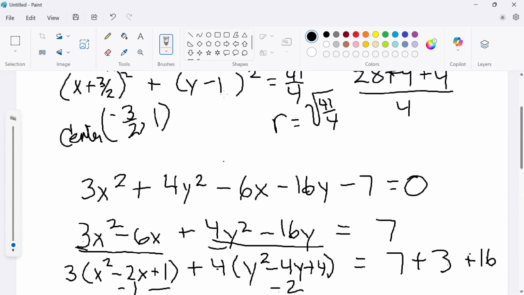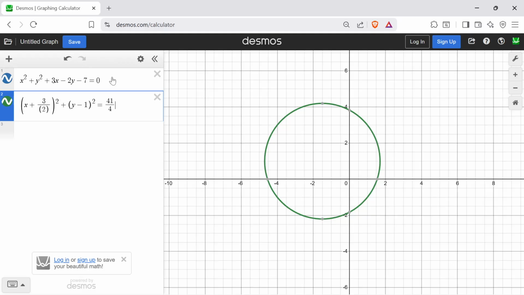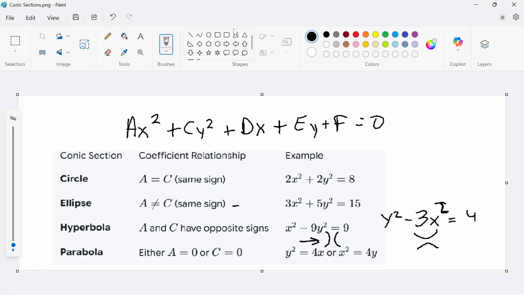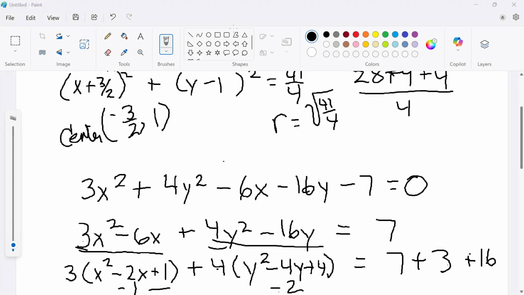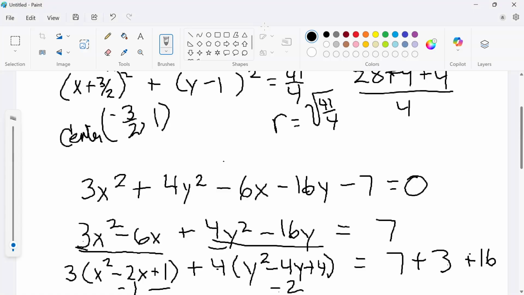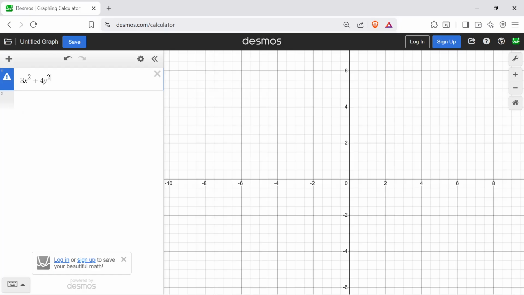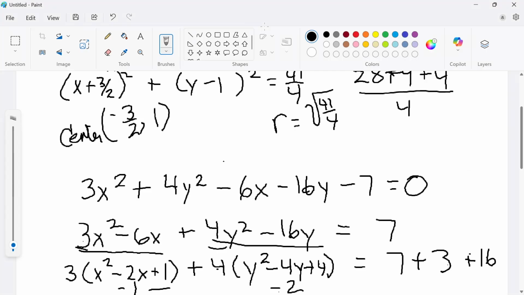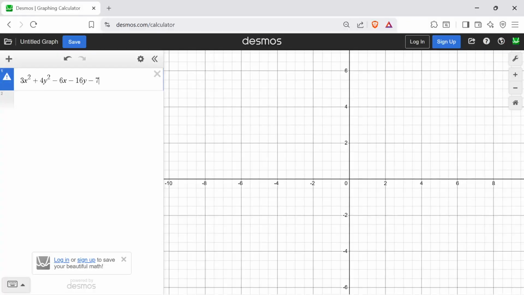And let me type it into Desmos so you can see that it worked. 3x squared plus 4y squared, minus 6x, minus 16y, I think it was 16y, minus 7 equals 0. See, it's an ellipse.